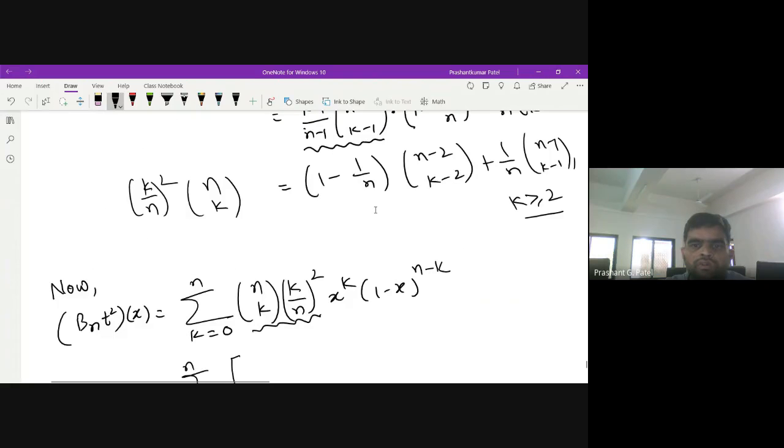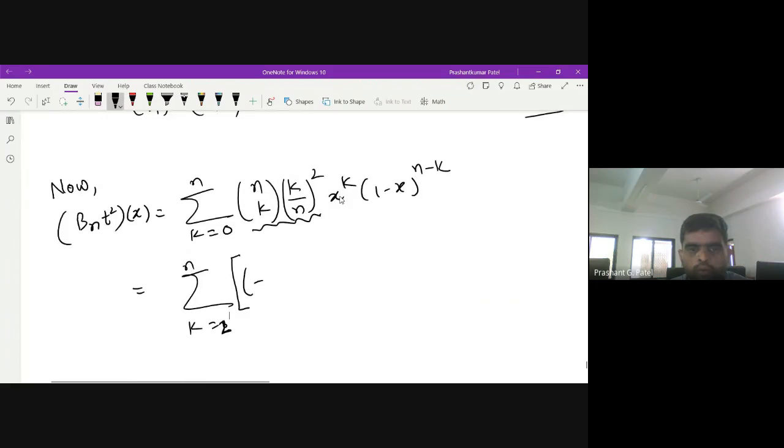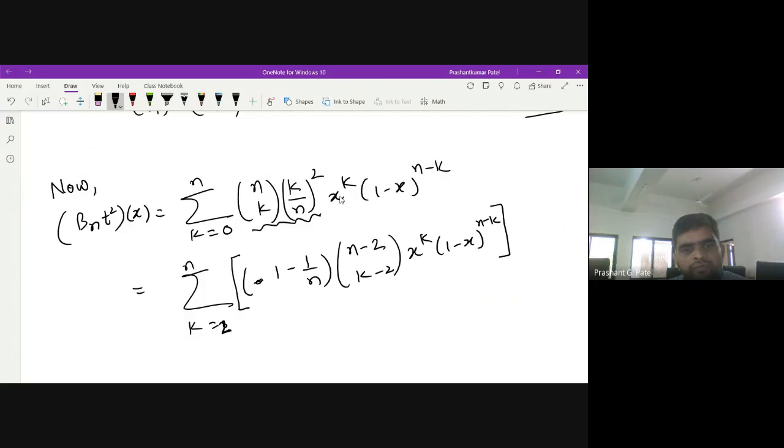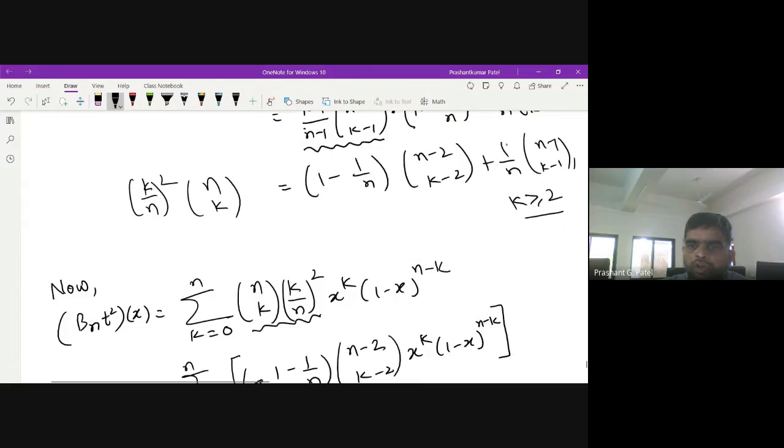Here in the first it is 1 minus 1 by n, n minus 2 C k minus 2, x power k, 1 minus x power n minus k. This is the first summation, plus the other quantity is 1 by n, n minus 1 C k minus 1.